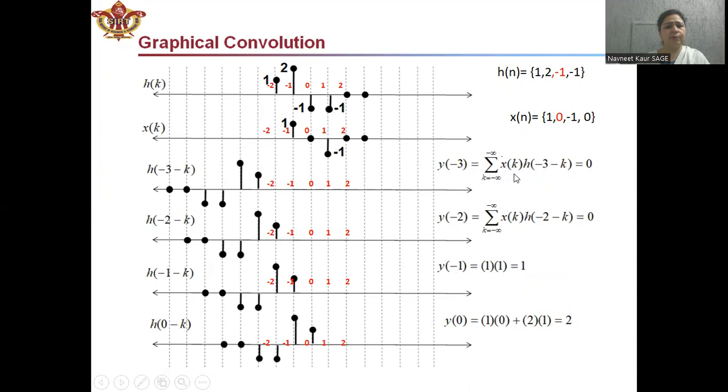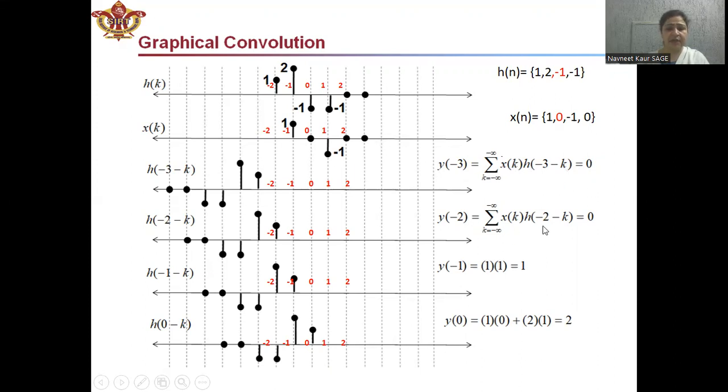Now I'll keep on putting values of k and sum up all those values. If I put k equal to 0, I'll get x[0] h[-3]. I'll take x[0] here as 0 and h[-3] here is 0, so 0 into 0 will be 0. I'll keep on changing the value of k from minus infinity to infinity, that means I'll take the values of k for the number of samples which are present, and the sum will be 0.